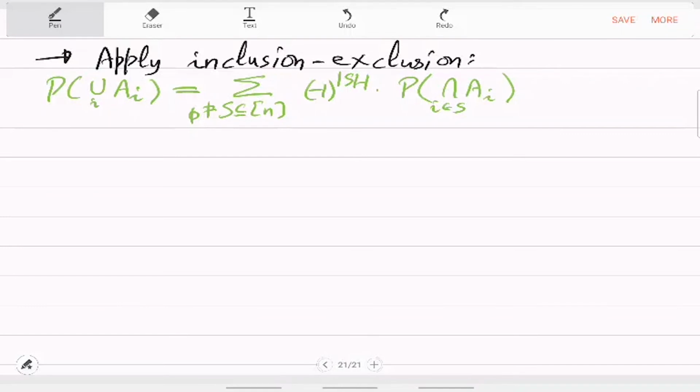So what is the probability of this intersection? Here you are saying that the letters in S are correctly placed, right? So that is what it means.